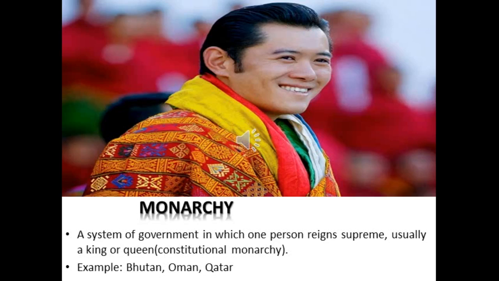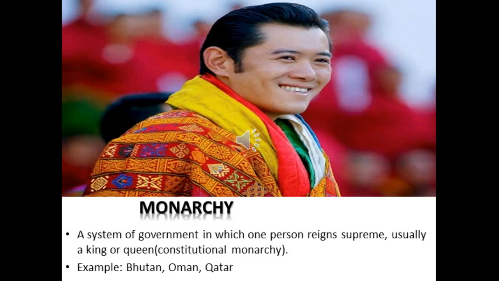If you take India, it is a republic, which means our elected members elect the constitutional head, the president. But in countries like Bhutan, Oman, Qatar, the constitutional head is their king or queen. That means it is based on their dynasty. The king is the constitutional head.